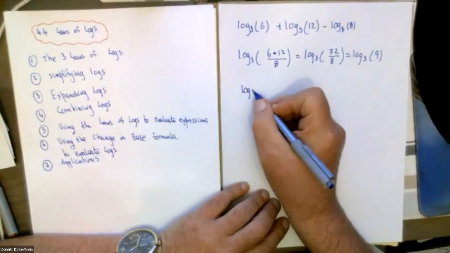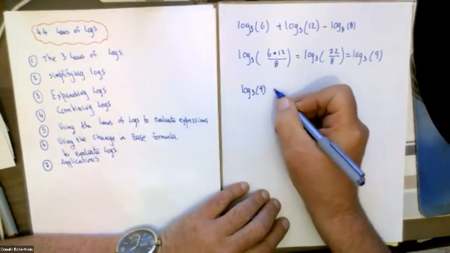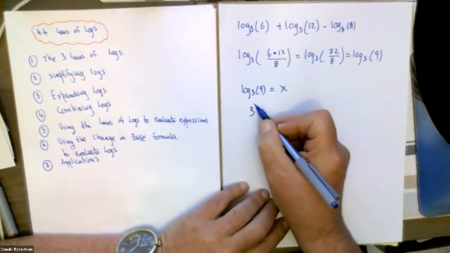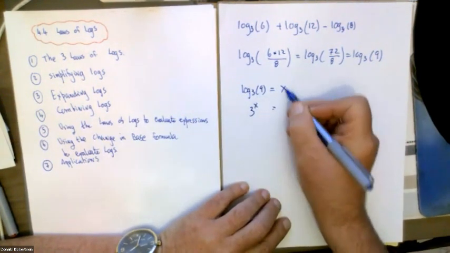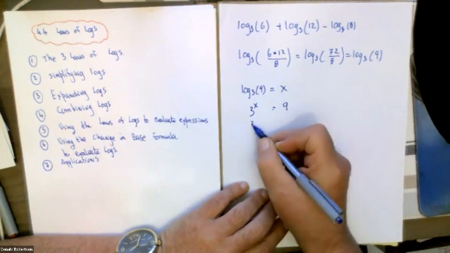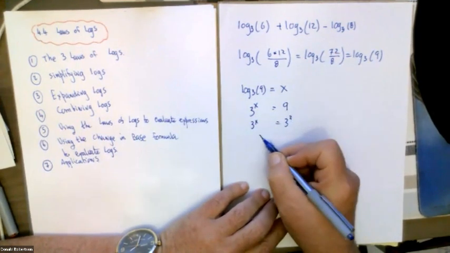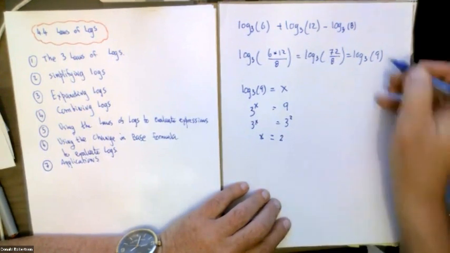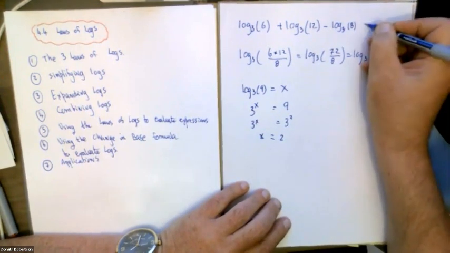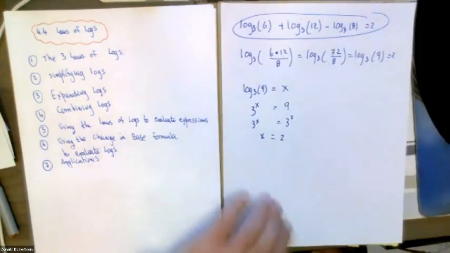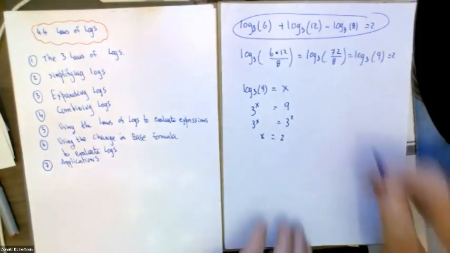Then I'll show you a slightly different approach to get to the same result. You get x. That's 3 to the power of x then. 3 to the power of x equals 9. 9 is 3 squared, so that means x equals 2. Therefore, we've combined these logs and calculated their exact value as 2.